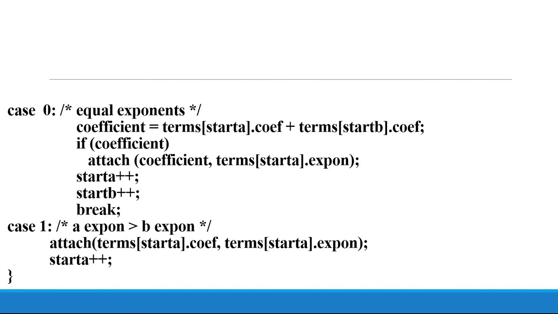Then next one is case 1. If the lead term we are accessing from polynomial A is greater than the lead term we are accessing from polynomial B, then it will go to case 1. At that time we need to attach polynomial A's coefficient and its exponent to the destination.